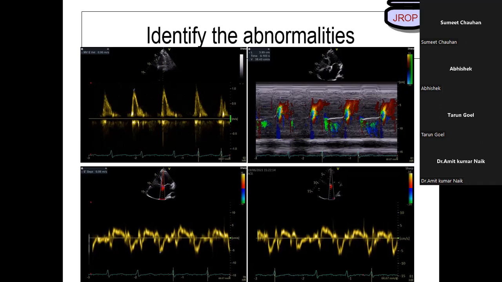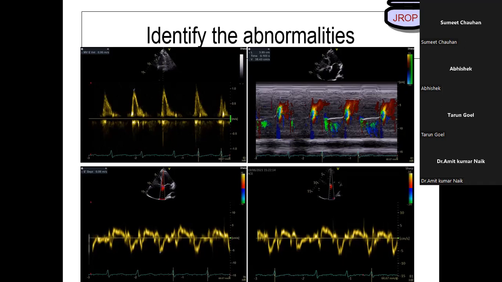Another is the ratio of E and color M mode propagation velocity. Third, I can't remember the third one. E to E prime average.